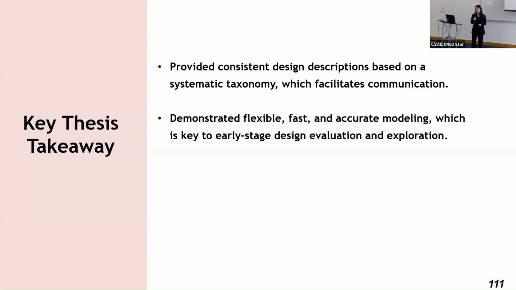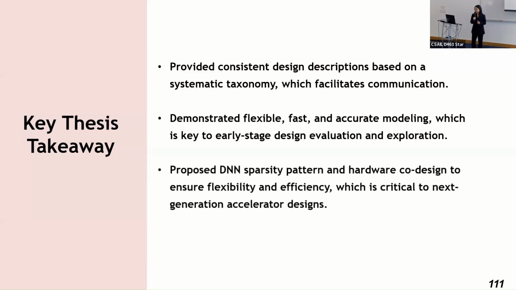This can help us perform evaluation and exploration at the early design stage for different sparse tensor accelerators. We also proposed a DNN sparsity pattern and hardware co-design approach to ensure both flexibility and efficiency, which is critical to next generation accelerator designs.